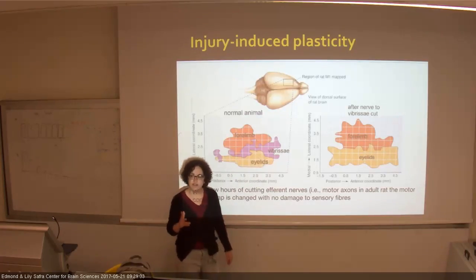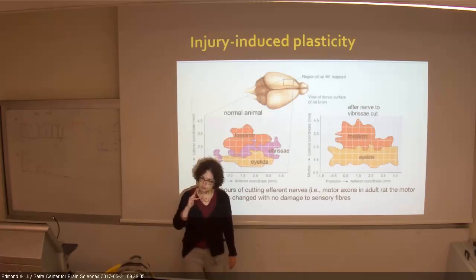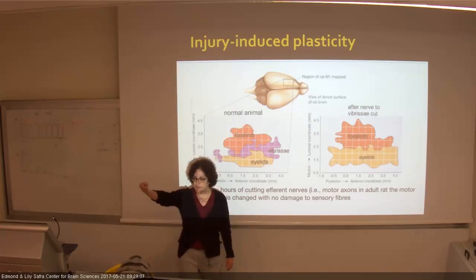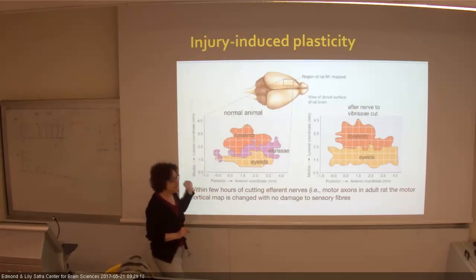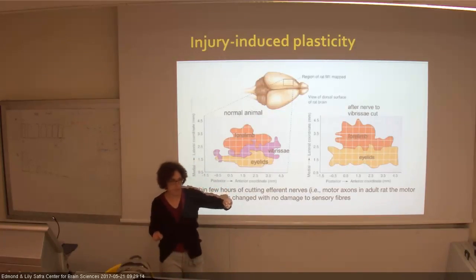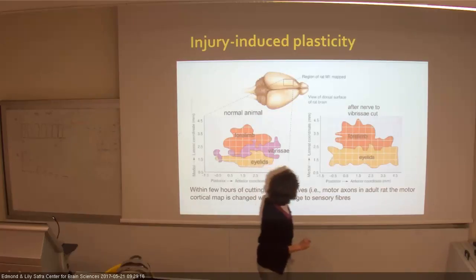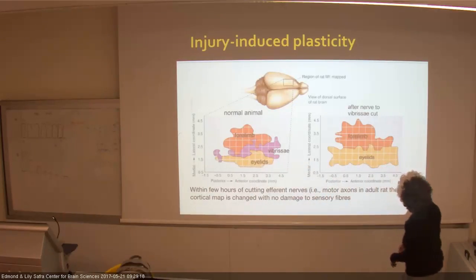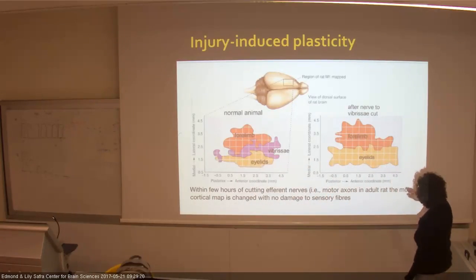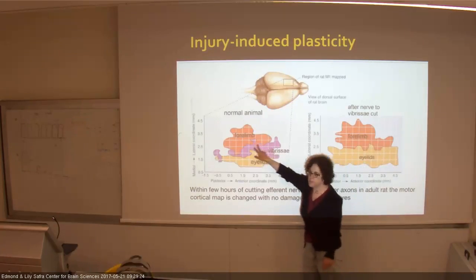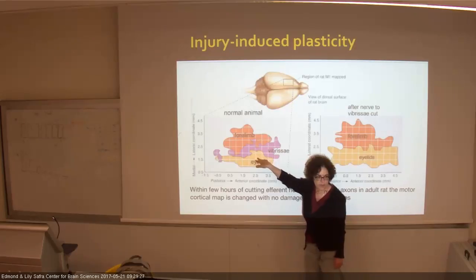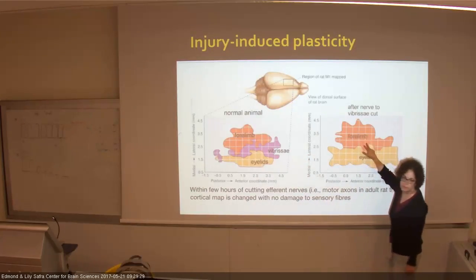Now you cut the nerve, the axons of the nerve that supplies the vibrissa muscles. So basically you just cut the efferent to the muscle. And now you stimulate, and you see that the area that was previously vibrissa is now forelimb.